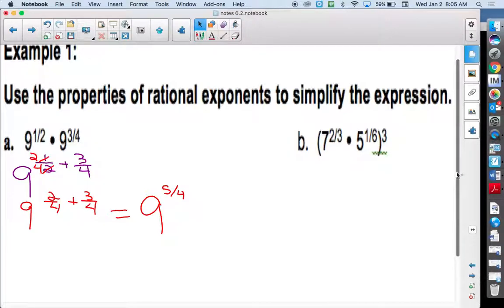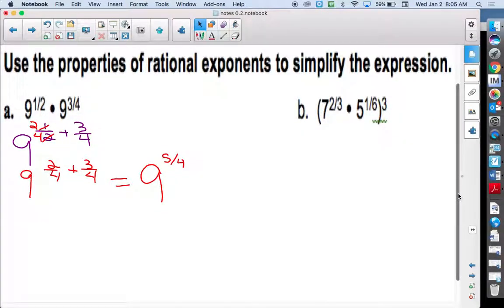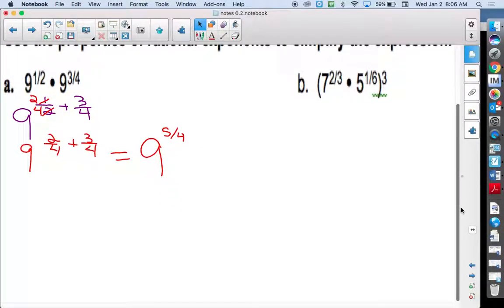All right, so here's where it gets a little different, because you can't leave it like that. We need to try and simplify this. Use the properties to simplify the expression. Sure, we added the exponents together, but the expression is not necessarily simplified right now. Typically I would tell you to just immediately flip and write this as a radical.